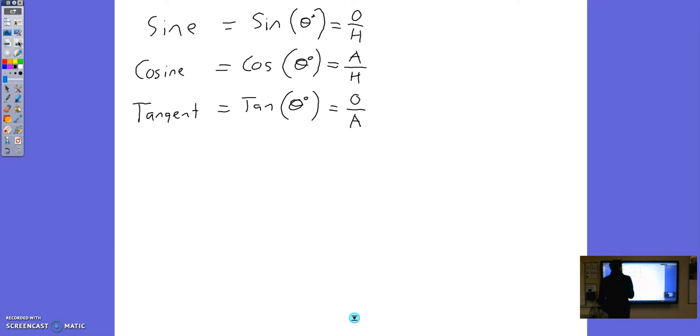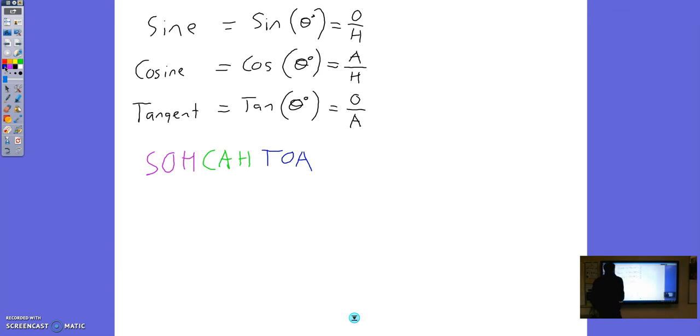Now, this is a lot to remember. You will be allowed a boundary reference, but one of the best ways that you can remember it is to remember SOH, CAH, TOA.